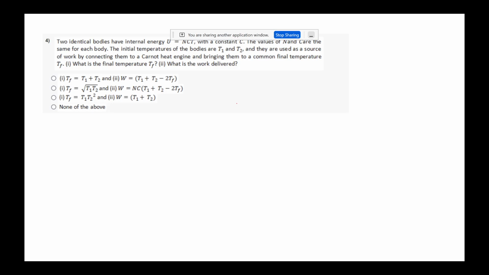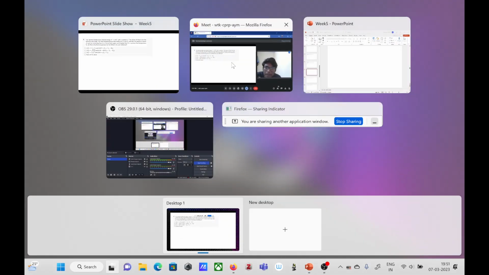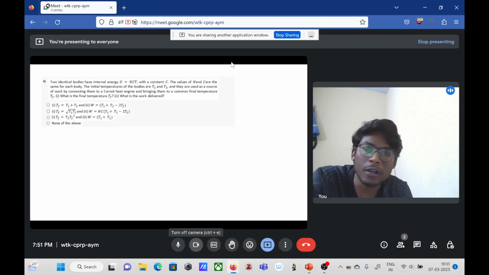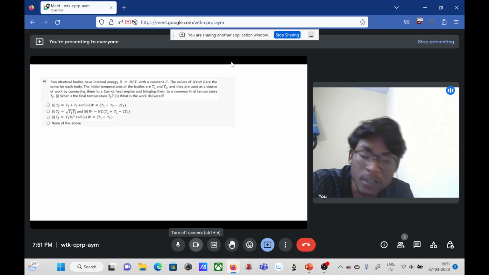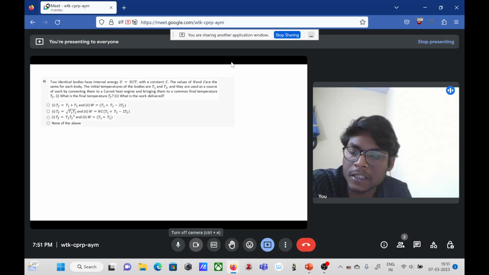They are used as a source of work by connecting them to a Carnot heat engine and bringing them to a common final temperature Tf. What is the final temperature Tf and what is the work delivered?